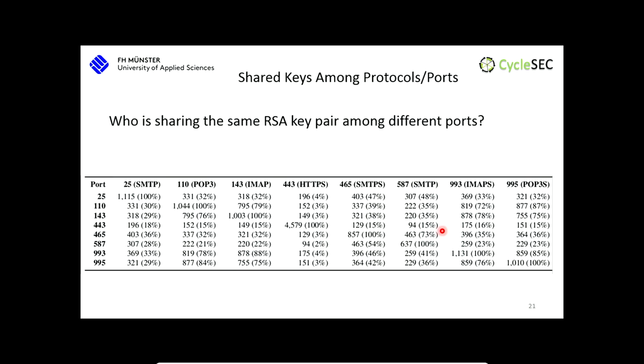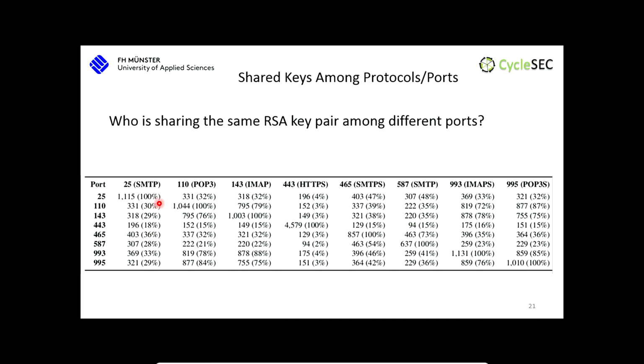But before we look into this, let me not go through all the numbers that you see here. I just put them all on the slide to show that it's really a substantial amount of RSA key pair sharing on the internet. So you have to read this table like this. For all the SMTP servers, we collected the TLS certificates and then looked at where we saw this public key, in maybe a different certificate or the same certificate, on some other port.